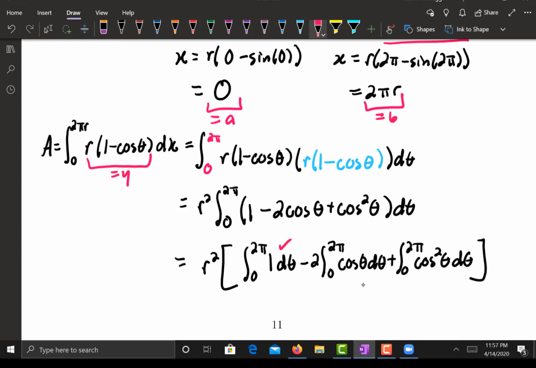That one because it's the integral of a constant. That one because we're going to take the integral of cosine, which we know the antiderivative is sine. This is something we haven't seen in a while. We have to do work to evaluate the cosine squared.